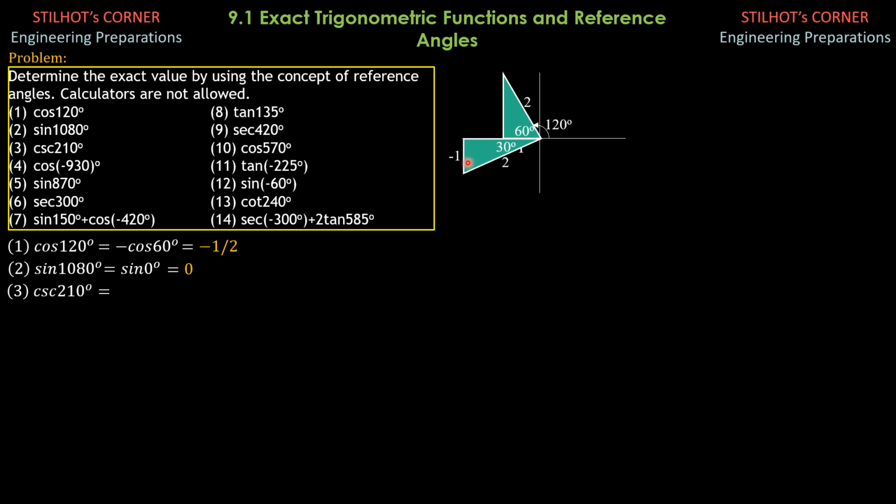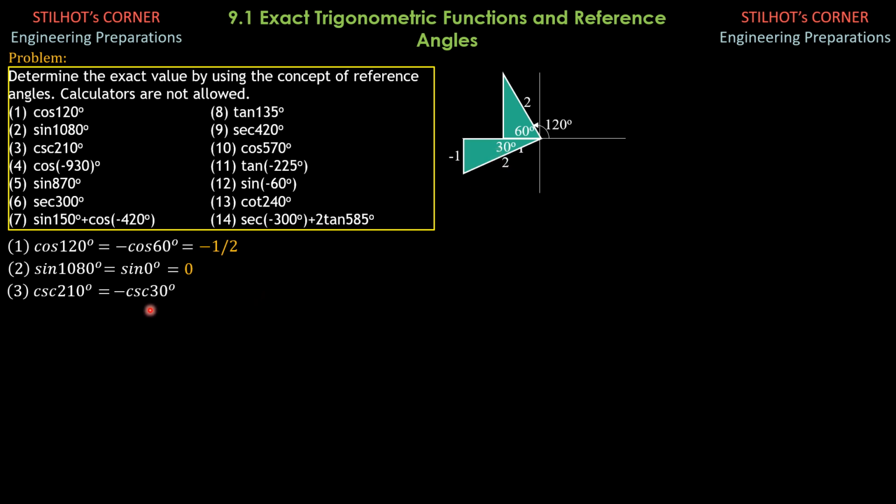So that's negative 1. Since cosecant of 210 degrees is hypotenuse over opposite of the reference angle 30 degrees, cosecant of 210 degrees is like negative cosecant of 30 degrees. But if we base it from this triangle, it is already 2 over negative 1, which is negative 2.